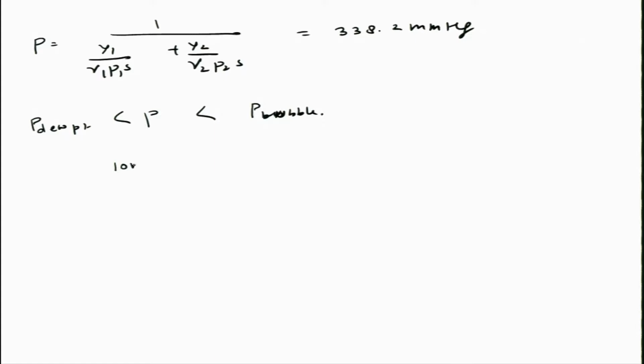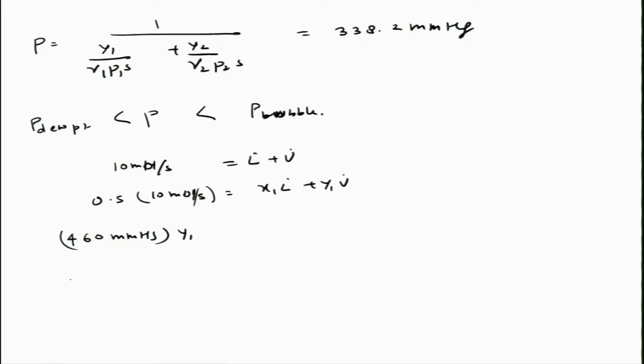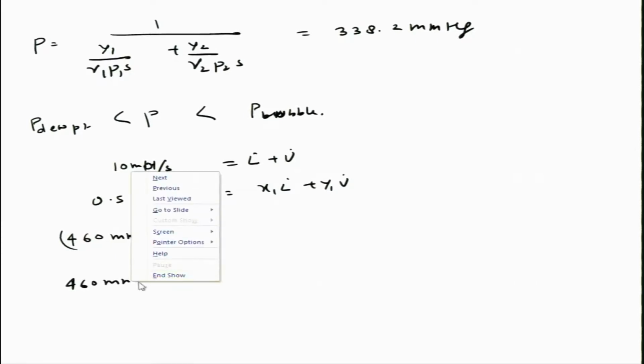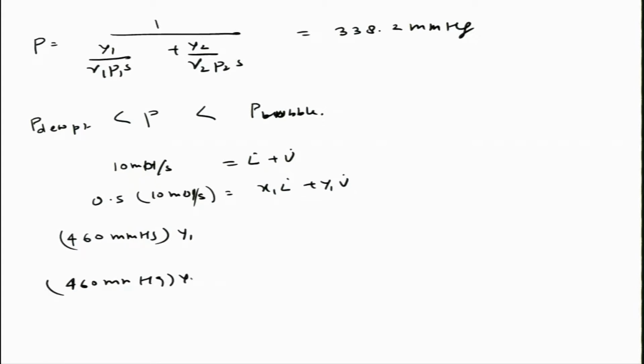Okay, so you have 10 millimoles per second is equal to L plus V, and 0.5 times 10 millimoles per second is going to be x1 L plus y1 V, and then again you are going to use the modified Raoult's law, where you consider the pressure P of 460 mmHg times y1, and this is going to be x1 gamma 1 P1 sat, and 460 mmHg times y2 equal to x2 gamma 2 P2 sat.